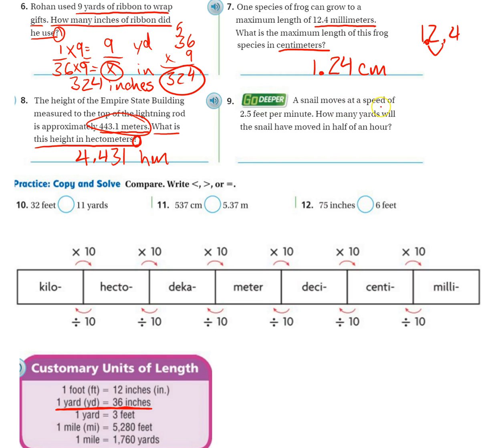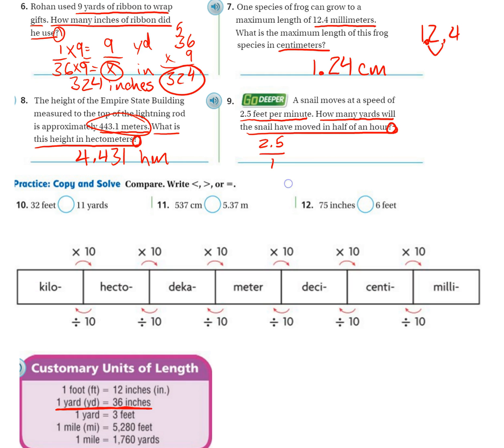A snail moves at a speed of 2.5 feet per minute. How many yards will the snail have moved in half an hour? Okay, so it's doing 2.5 per minute. We want to know how many feet it will go in 30 minutes.